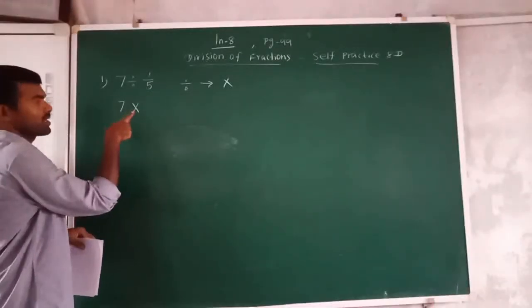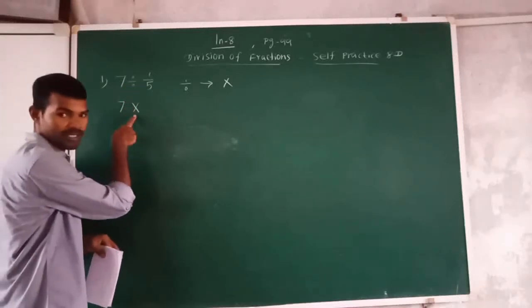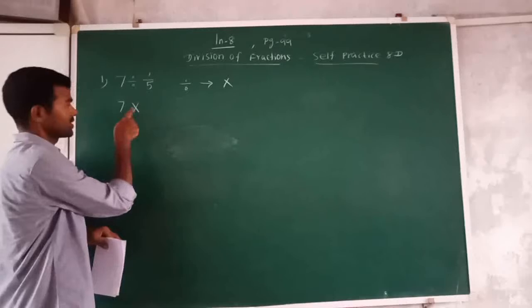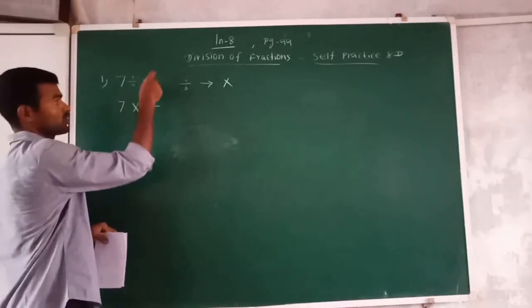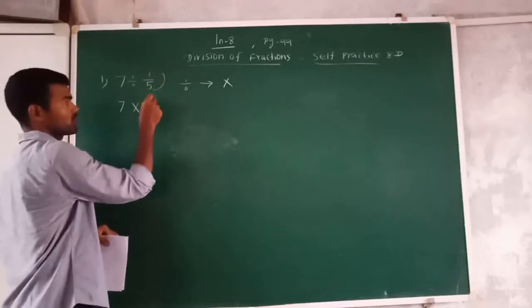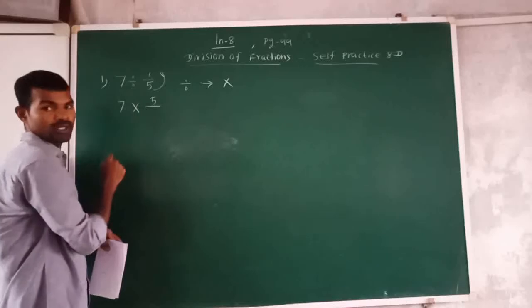So for 7, you change the symbol. Division you change into multiplication. After changing this, denominator goes to numerator and the numerator comes to denominator.